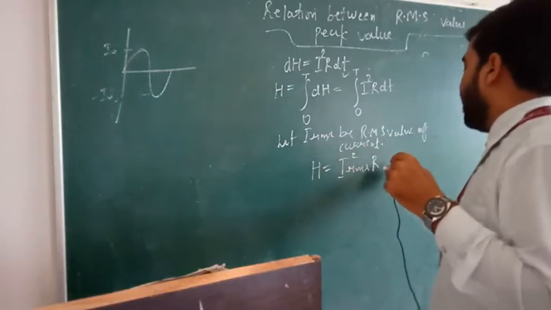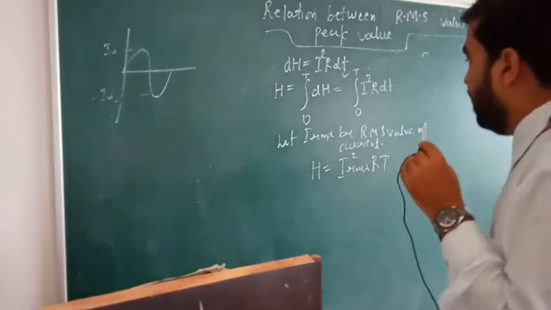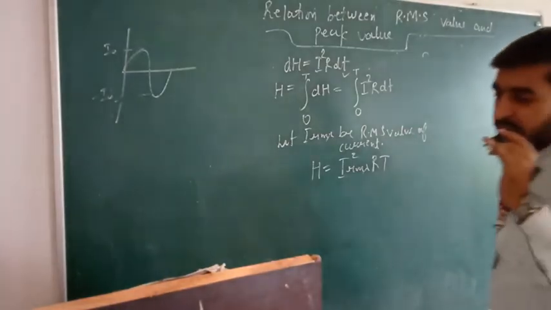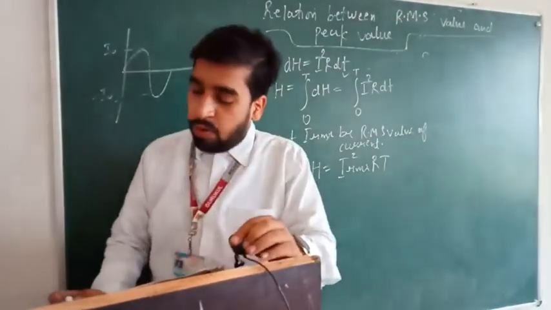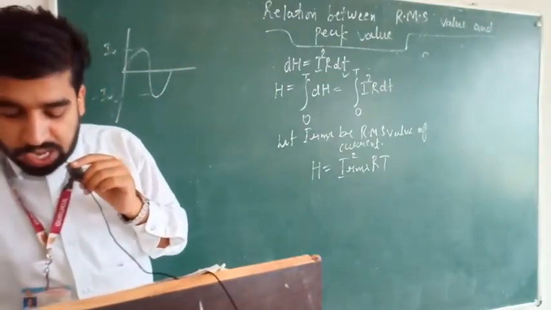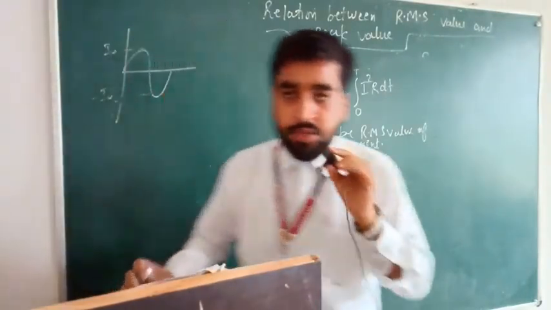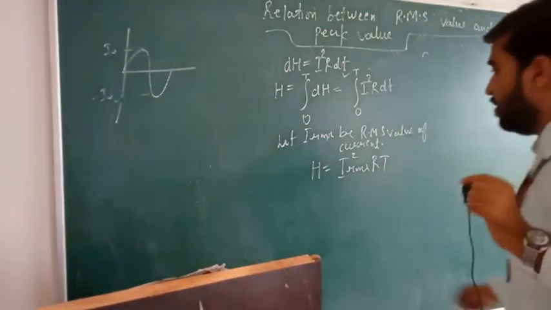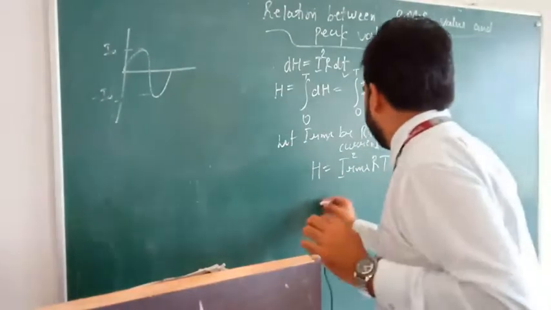Firstly, we calculated it for a DC. Now we have calculated the amount of heat for the RMS value of current. By the definition, both should be equal to each other. So just equate these two.